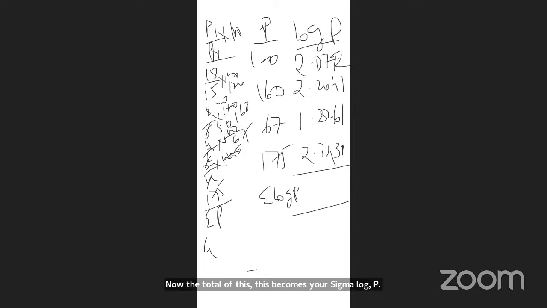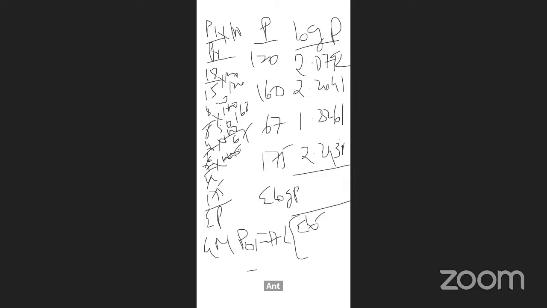So in the geometric mean, when we want to calculate the index numbers, what is the total? Anti-log of sigma log P divided by N. Anti-log sigma log P, what is this total?